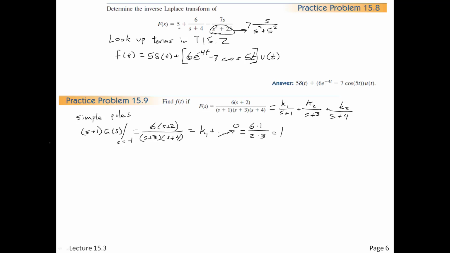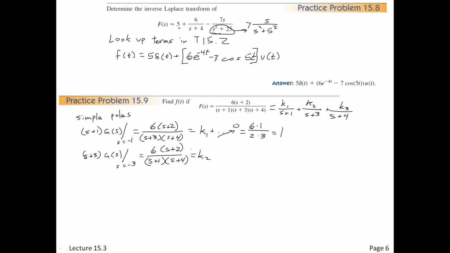All right, let's just press on. Same way, s plus 3 times G of s at s equals minus 3 is where we'll evaluate. So we've got 6 times s plus 2 over s plus 1 times s plus 4, and that's going to be equal to k2.